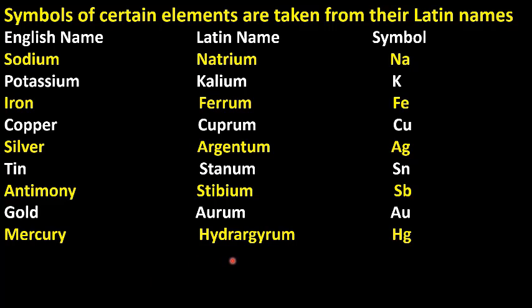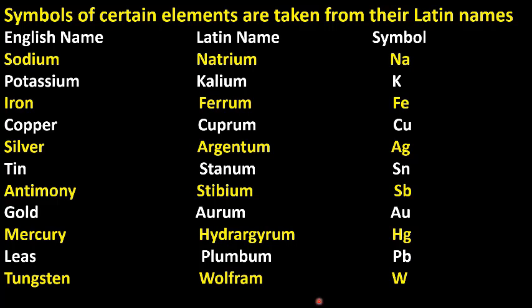Mercury, Latin name hydrargyrum, symbol Hg. Lead, Latin name plumbum, symbol Pb. Tungsten, name wolfram and symbol W. So for all these elements, the symbol is taken from their Latin names.